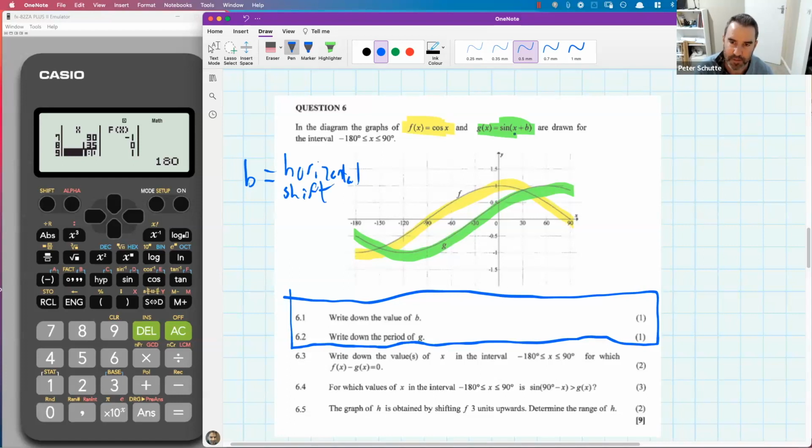Because remember, it's plus B there, so it's got to do with the horizontal shift of the green graph. Then the period of G, that has to do with the basic sine graph. Who would like to come on and maybe ask a question?